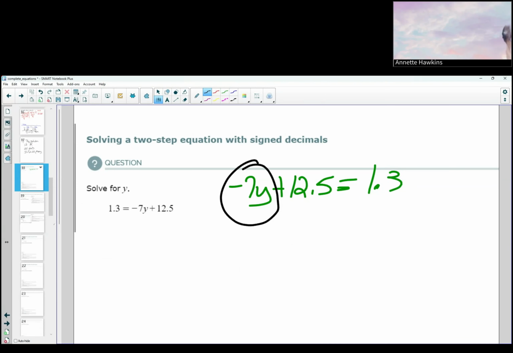So -7y equals -11.2. Okay. And so now we divide by -7 and y equals, now negative divided by negative is a positive. So let's see what this will give us.